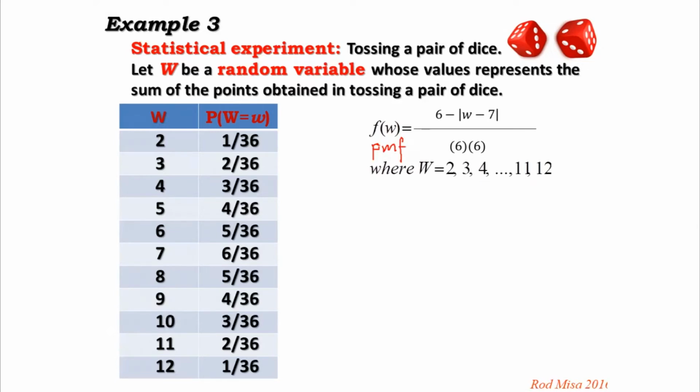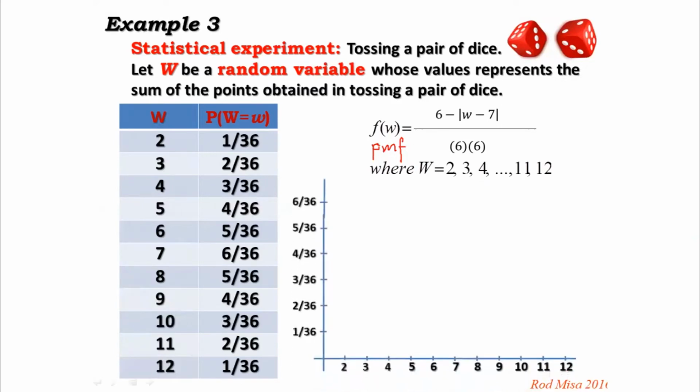But then again, this probability distribution can be represented by a third way, and this third way is through graphical representation, wherein the values in the x-axis are the values of our random variable, and the values in the y-axis are the values of our probability. So for the random variable 2, we have a probability of 1 over 36.